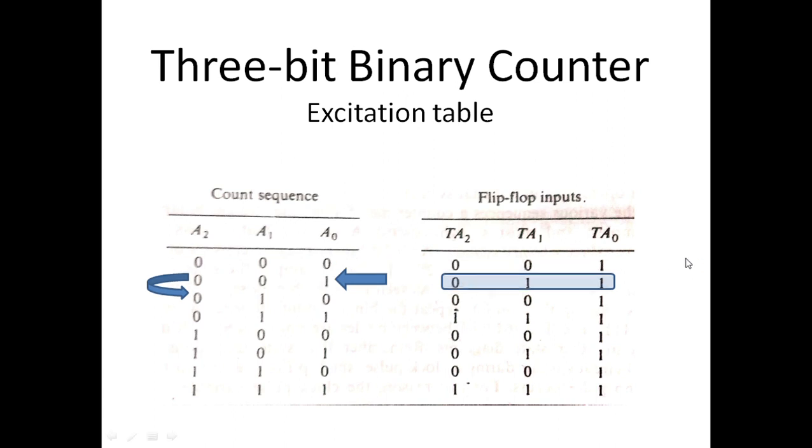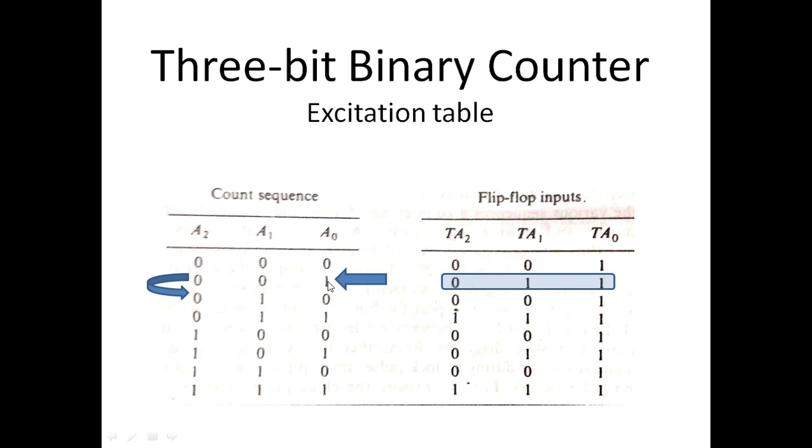Similarly, this arrow represents the current state. When we are at 0, 0, 1 and we want to move to this state, we have to toggle the state of A0, toggle the state of flip-flop 1, and keep the current state of flip-flop 2.